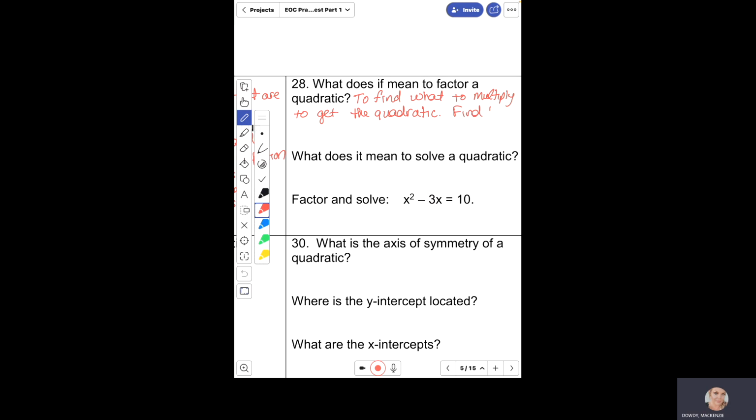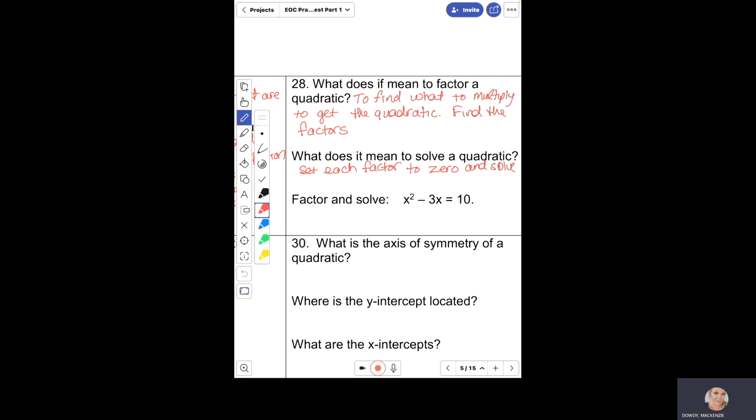To find the factors. What does it mean to solve a quadratic? Set each factor to 0 and solve.